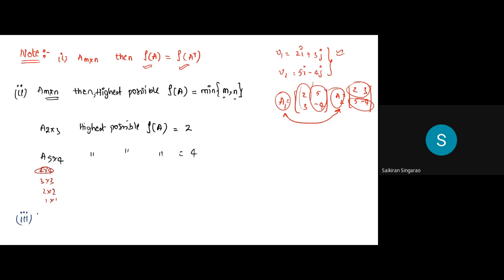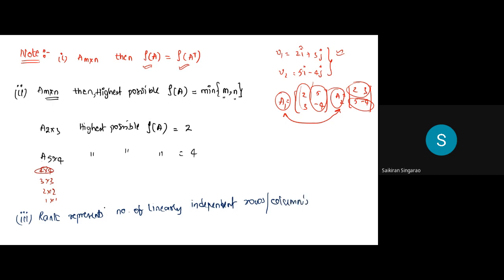Yeah. The third point is like this. Rank represents the number of linearly independent rows or columns.